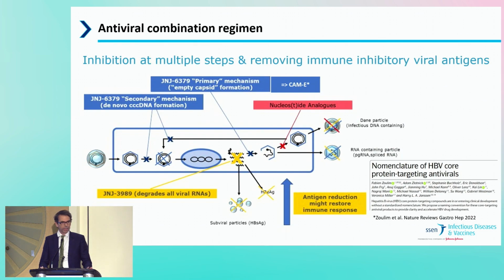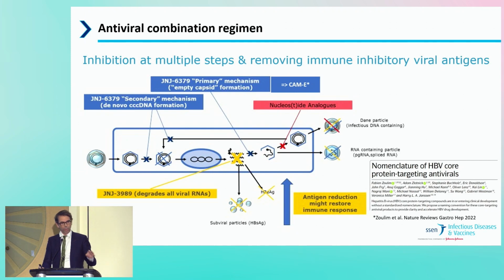We showed exactly this cartoon 3 years ago in this room when we were announcing the plans for the rollout of the Reef-1 study, where everything was centered around the yellow cross that you see, the blocking of all viral transcripts with the siRNA 3989.